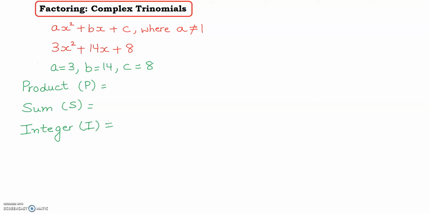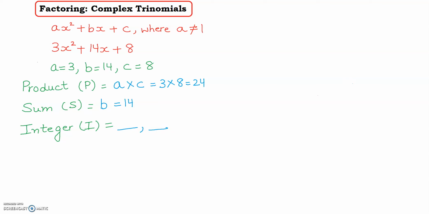So for the product, I need to multiply the values of a and c. In this case, we have 3 and 8, which is 24. For the sum, I have b, which is 14. And the integer, I need to find out.